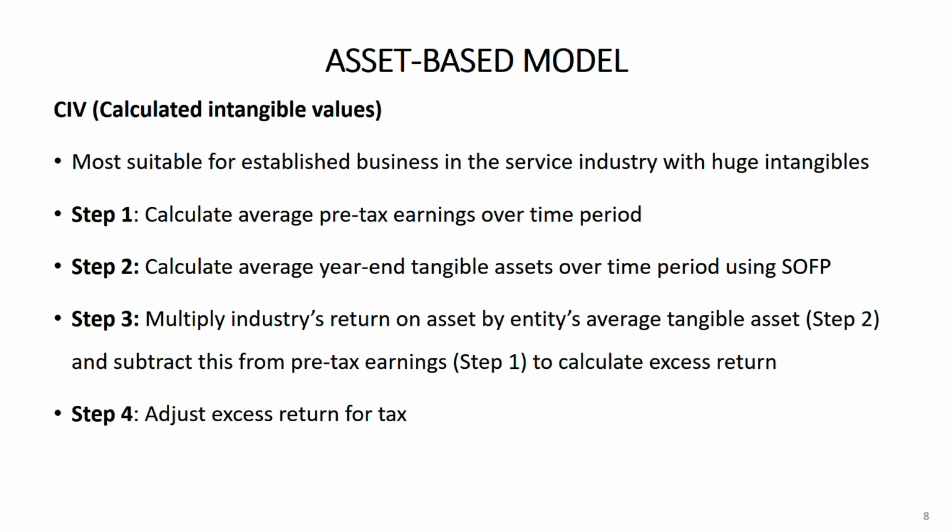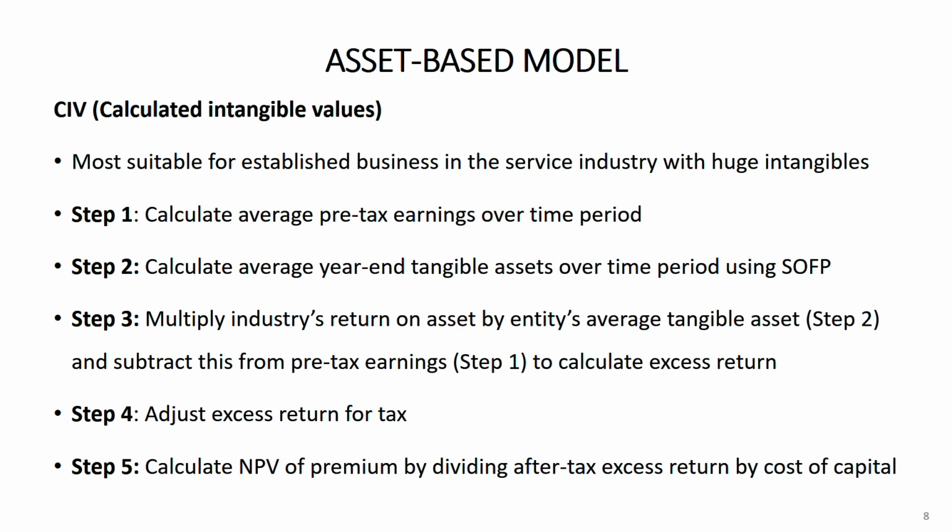Step 4, now the excess return which you got in step 3, that was pre-tax. Adjust it for tax. After you adjust it for tax, the fifth step is to calculate the net present value of the premium. How? By dividing the after-tax excess return by the cost of capital.